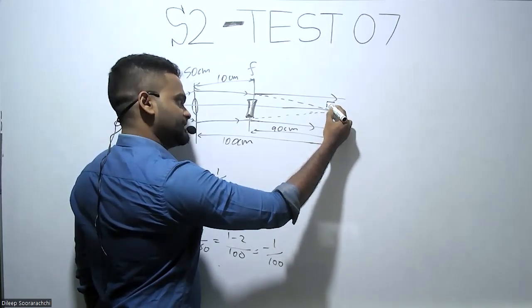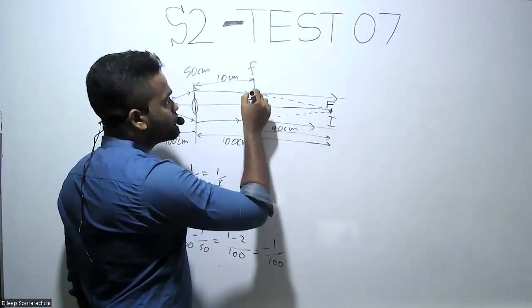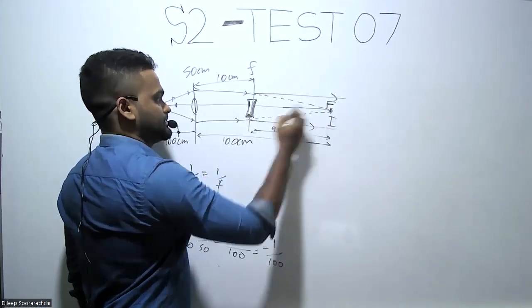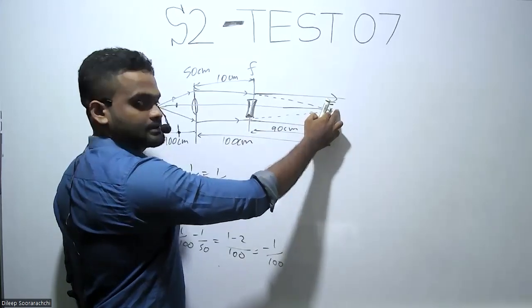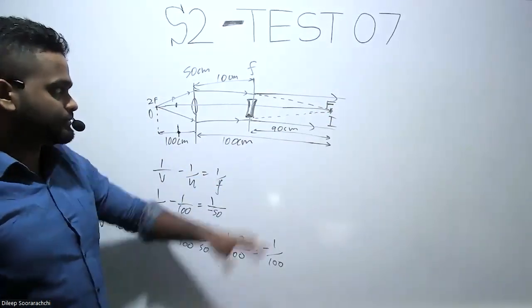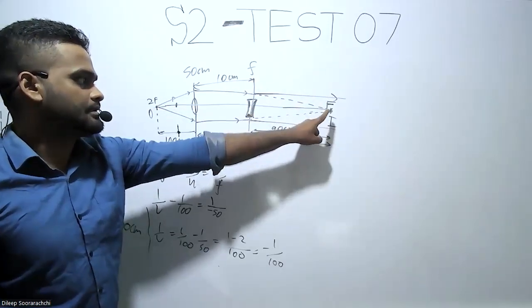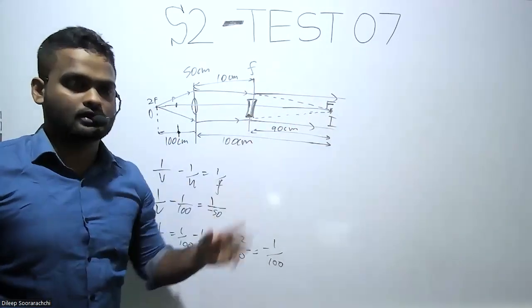This is the secondary focus of the concave lens. That's why the rays become parallel. Emerging rays become parallel since the virtual object is at the focus. Okay.